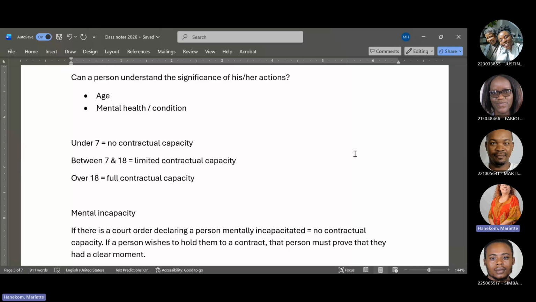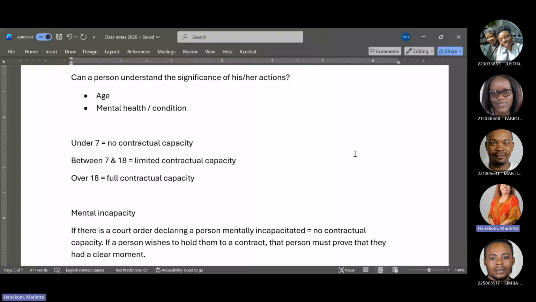Law deems you, if you're under the age of 7, that you are not capable of understanding these consequences. Between the ages of 7 and 18, you are said to have limited contractual capacity. You can enter into contracts, but you need the assistance of your legal guardian to make this contract valid and binding.